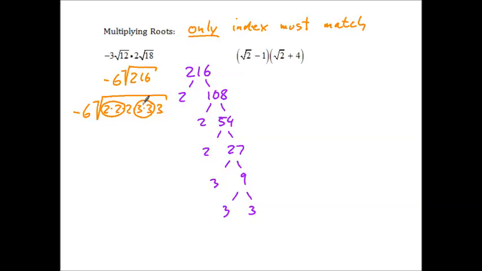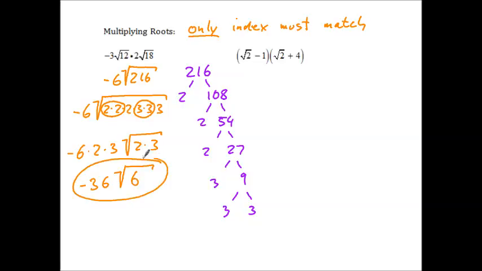We can pull out 2 2's, and we can pull out 2 3's, and we end up with 1 2 and 1 3 left underneath our radical. Negative 6 times 2 times 3 is negative 36 times the square root of 6. And here is our final answer.